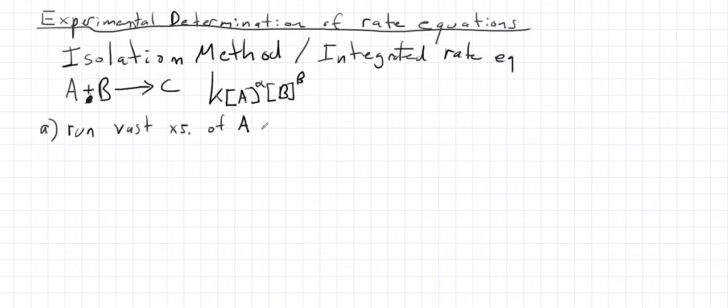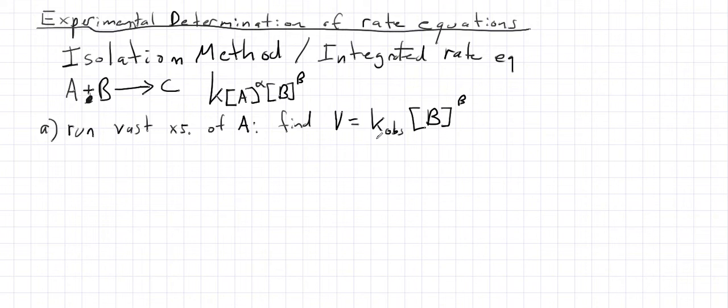When we run it in excess of A, the concentration of A is not going to change during the run, so all of this is going to be constant. So V is going to be equal to some k observed times the concentration of B to the beta.